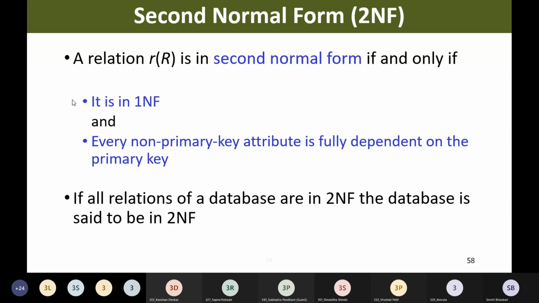If the relation satisfies these two conditions, then we say that the relation is in second normal form.